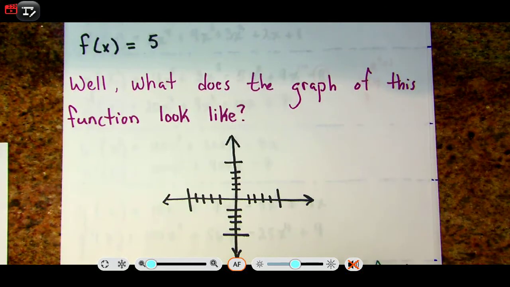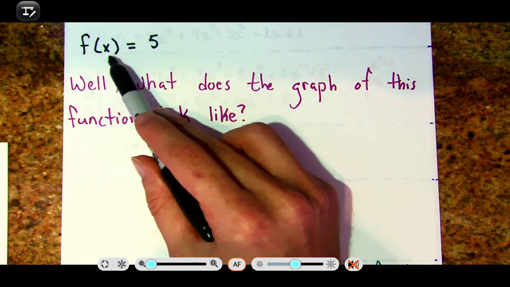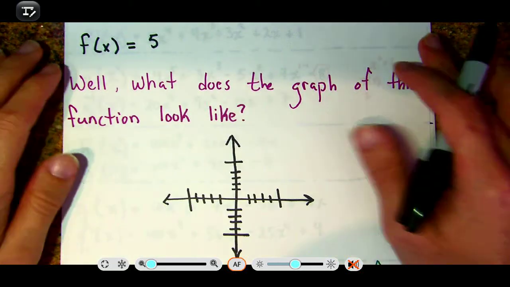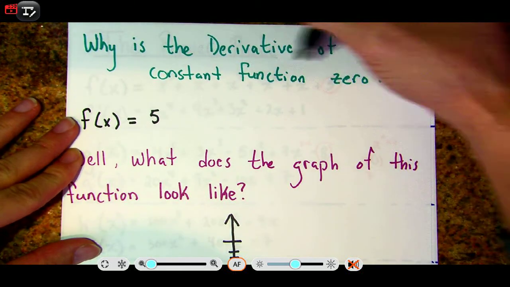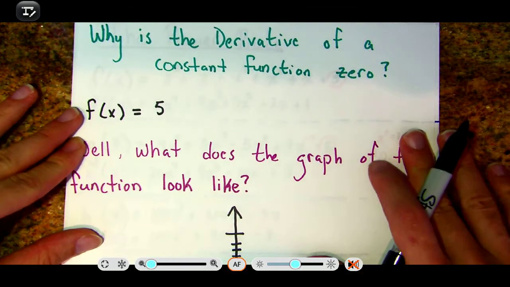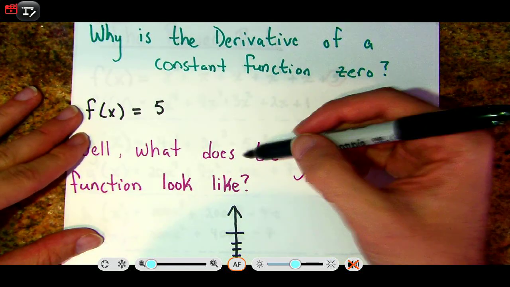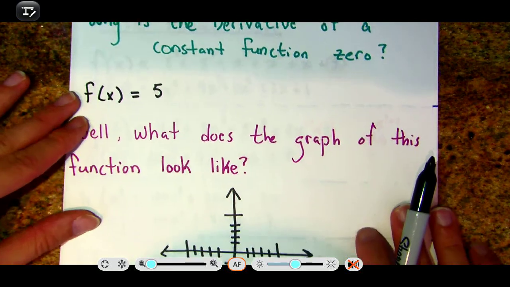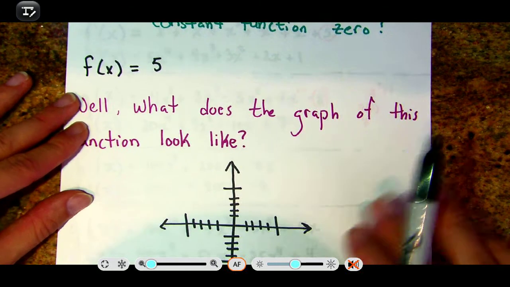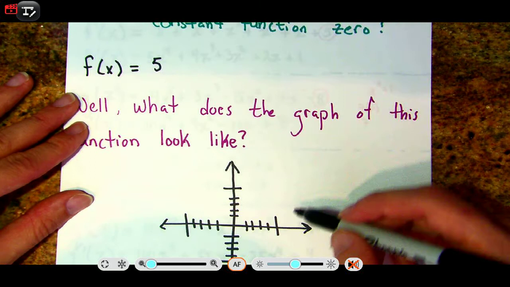Here, if I said we had this function f of x equals 5, right? So here we're finding why the derivative of a constant function is 0. If I had f of x equals 5, what does the graph of this function look like?